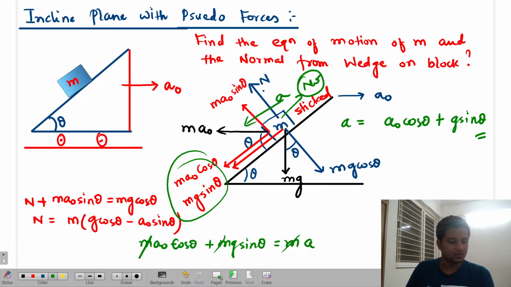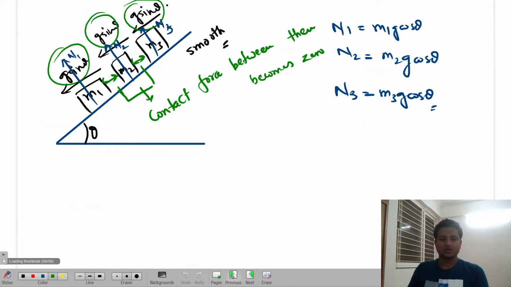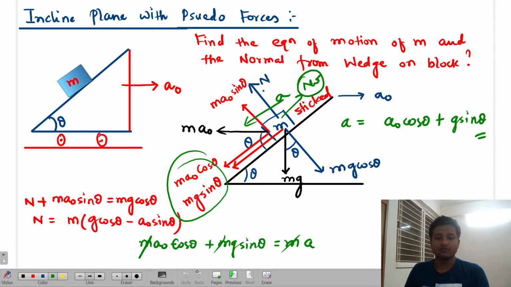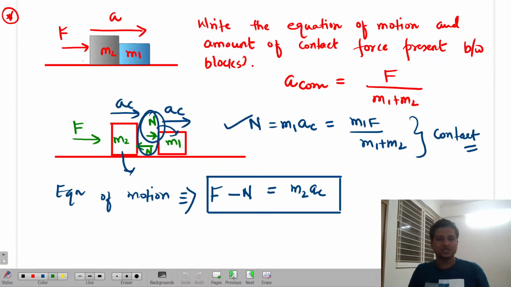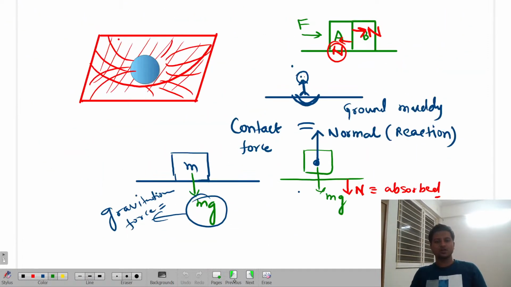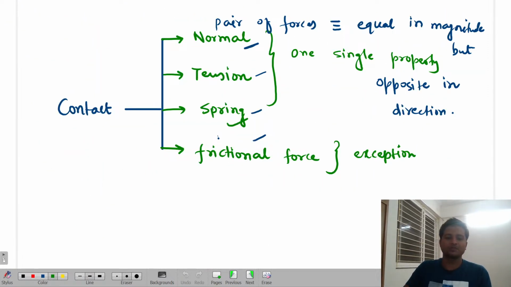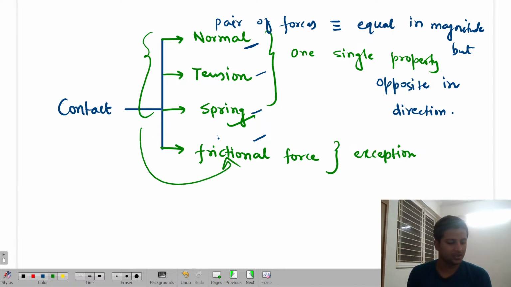Okay. Now let us take all of these things. We'll talk about friction later, but right now we are just talking without friction in each and every case. First, we talked about normal, then we'll talk about tension, then spring, and then once again the combined effect of all these in the frictional forces.